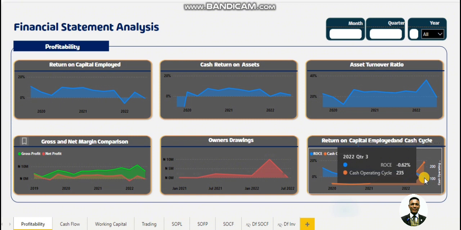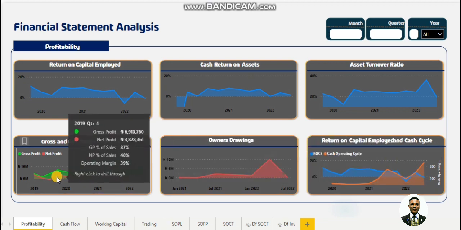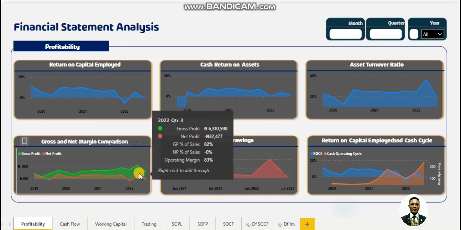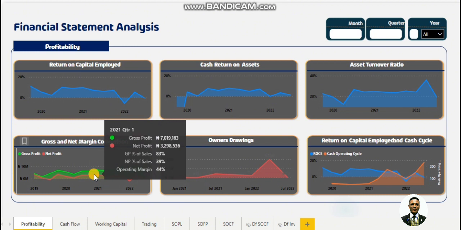When they look into this, they can see how they can improve that, and in the long run improve their returns as well as their profit margin. And also another thing we saw is how it has not been able to carefully manage its admin and operating expenses. So the management should also look into this.